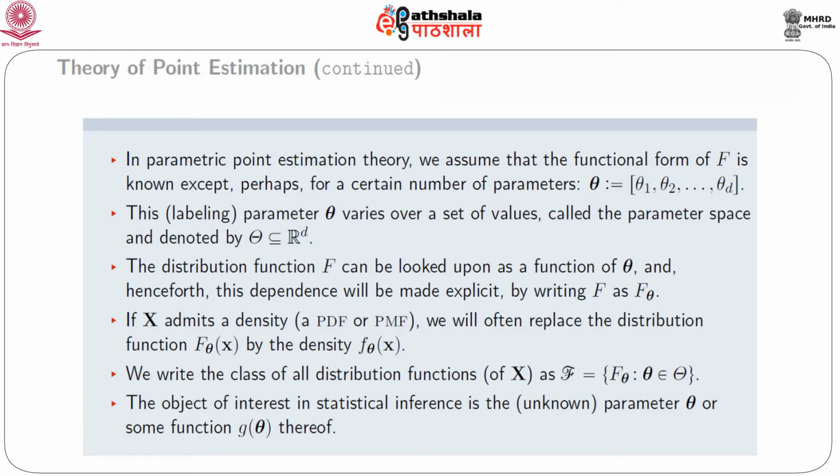We write the class of all distribution functions of the vector X as script F. This is the class of all F_theta where theta belongs to script Theta. The object of interest in estimation theory is the unknown parameter theta or some function g(theta) thereof.